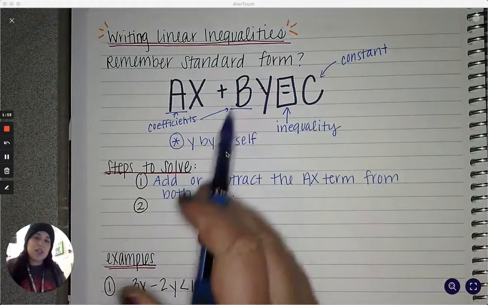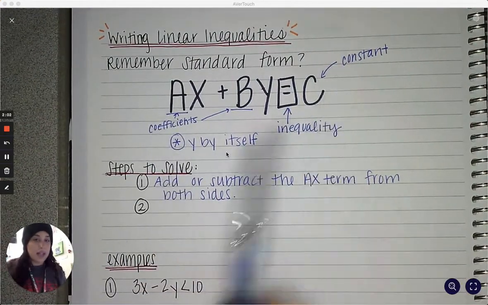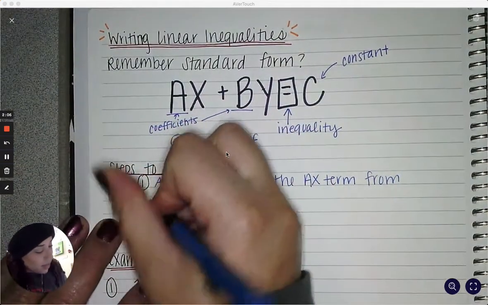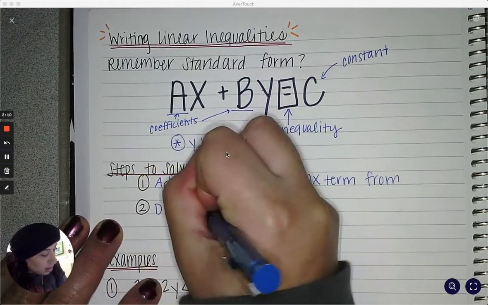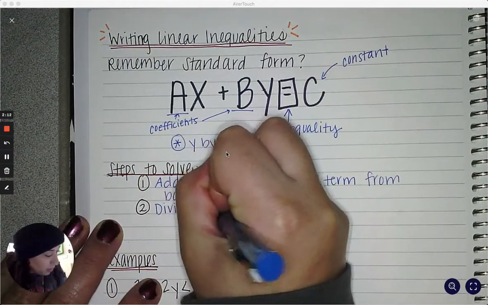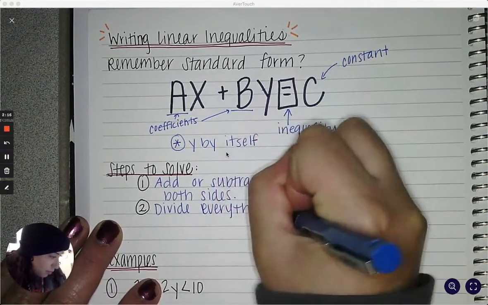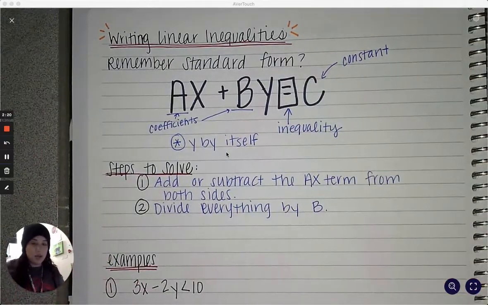If this is a positive, we're going to subtract it. If it's negative, we're going to add it. And then, step two, we're going to divide everything by b, by the coefficient.